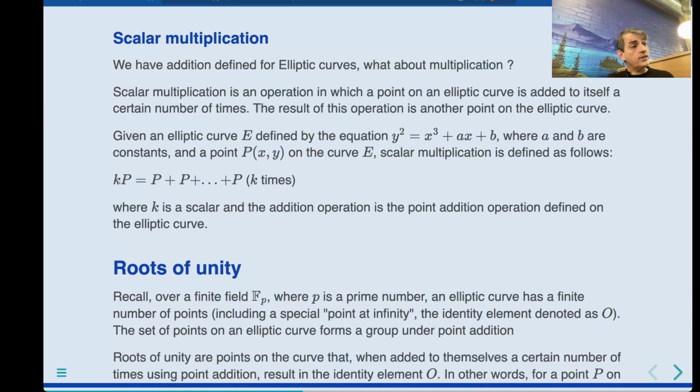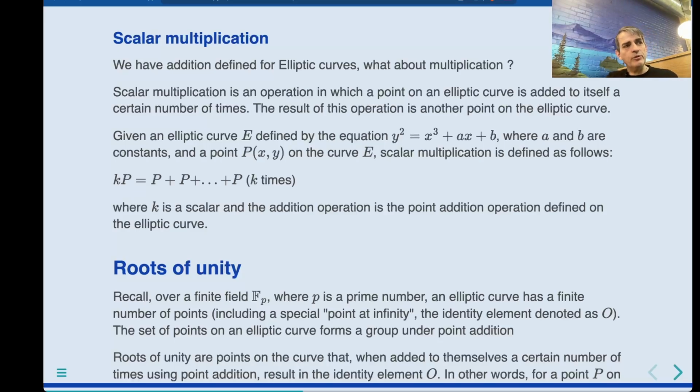Now, that's addition. We quite like to do multiplication as well, but this is the group we're talking about. We've only got one operation, so we're a bit stuck, but what we can do is something called scalar multiplication. This is a way that we can effectively get multiplication. It's not difficult to see how we do this because multiplication can be seen as doing addition a certain number of times.